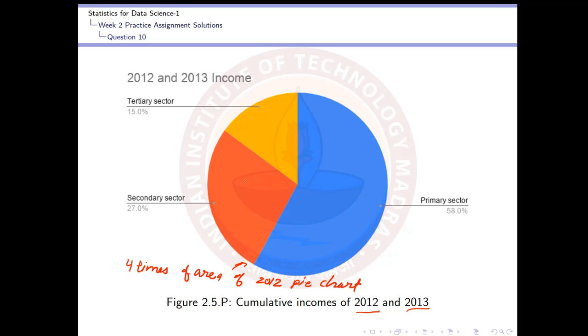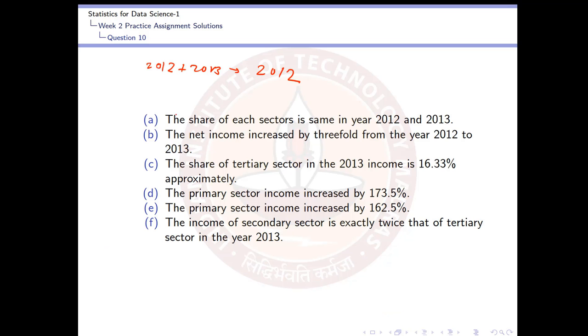It implies that its area is 4 times the area of 2012. It implies that the income for 2012 and 2013 is 4 times the income of 2012 itself. So the share of each sector is not same for year 2012 and 2013. So this option is wrong.